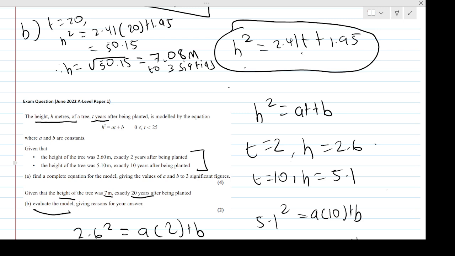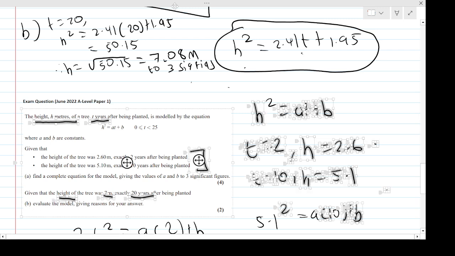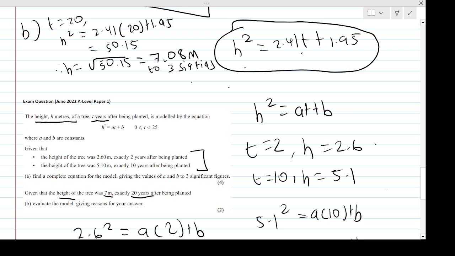So to evaluate the model, it means just how good or reliable it is given the information you have. Well, the information is it's 7. Well, it's pretty close to 7. So I'm going to say 7.08 is very close to 7, right?